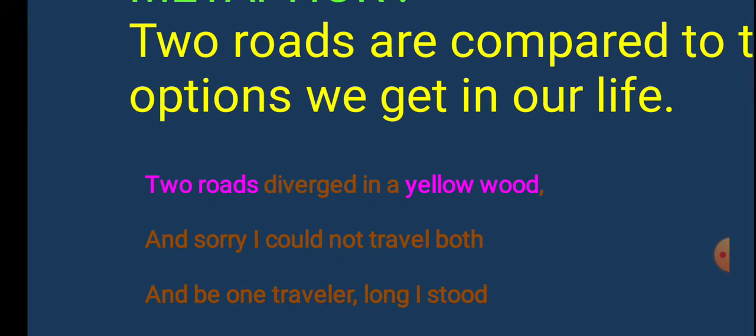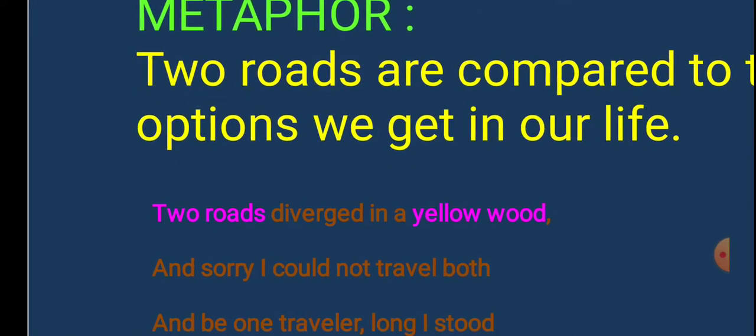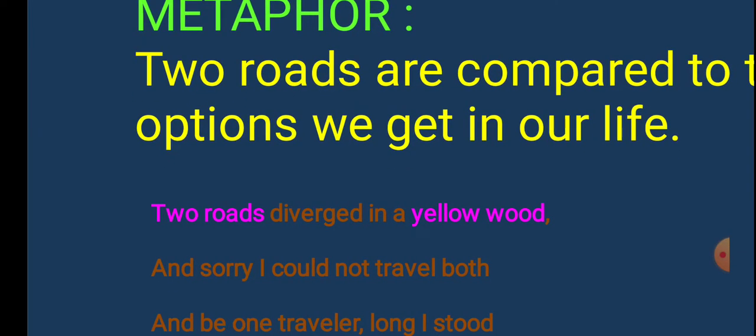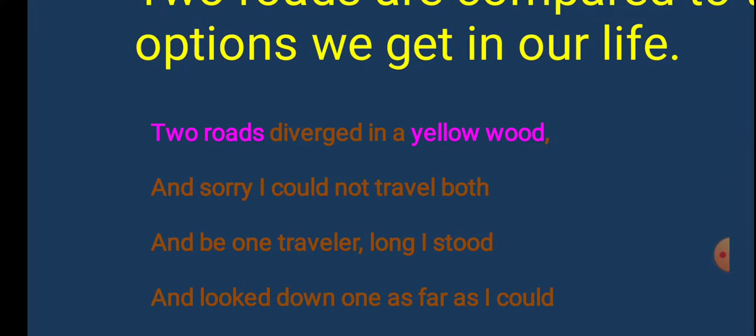In a metaphor we are doing the comparison, but we are not using words like and as, but still the roads are compared with the choices, the decisions and the options in life. So roads are symbols also, and road is the perfect example of metaphor.